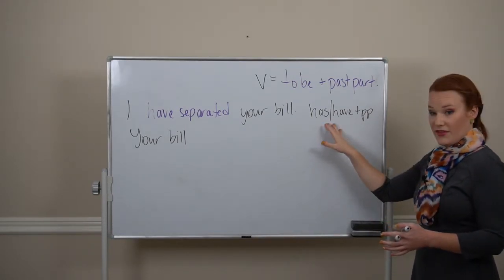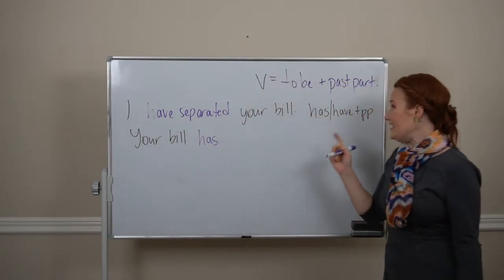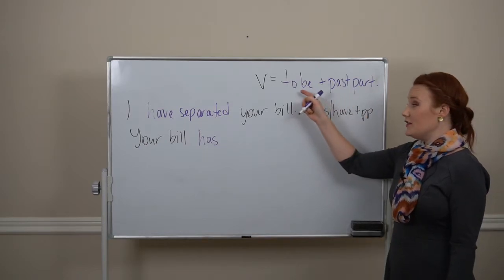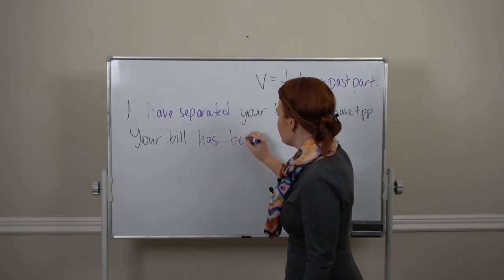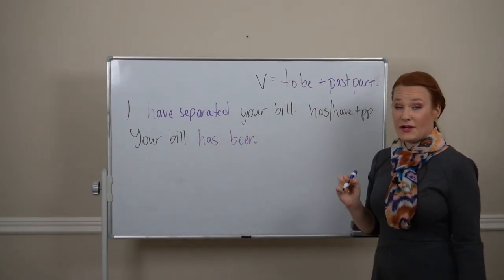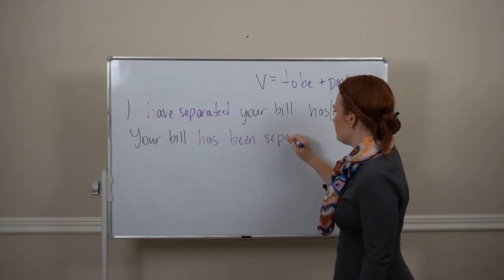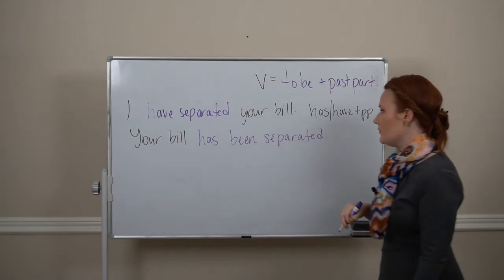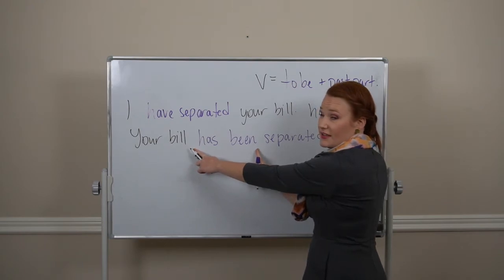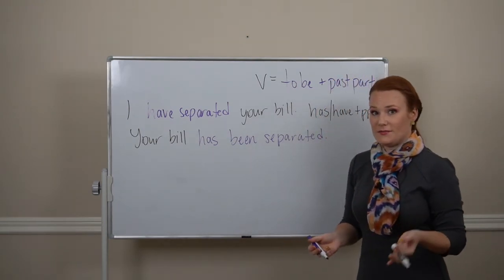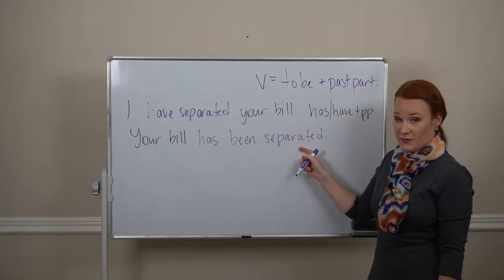So we're going to start with that, has. Then we need the past participle of to be, which is been. Then the past participle of our main verb, which is separated. Your bill has been separated. So this part is to be in the present perfect tense. Then we add the past participle of our main verb at the end.